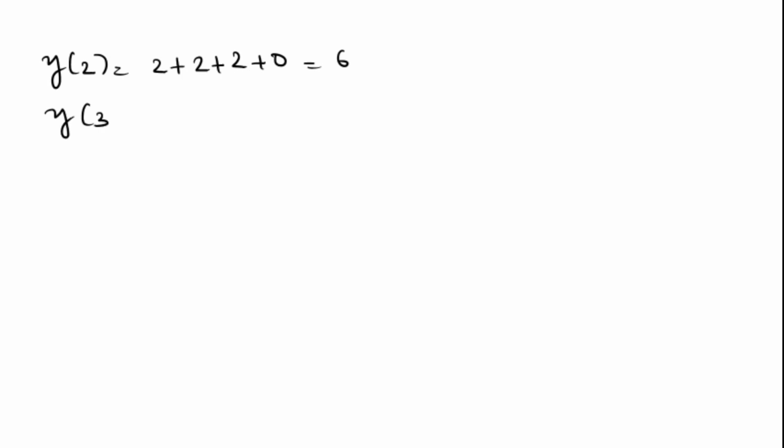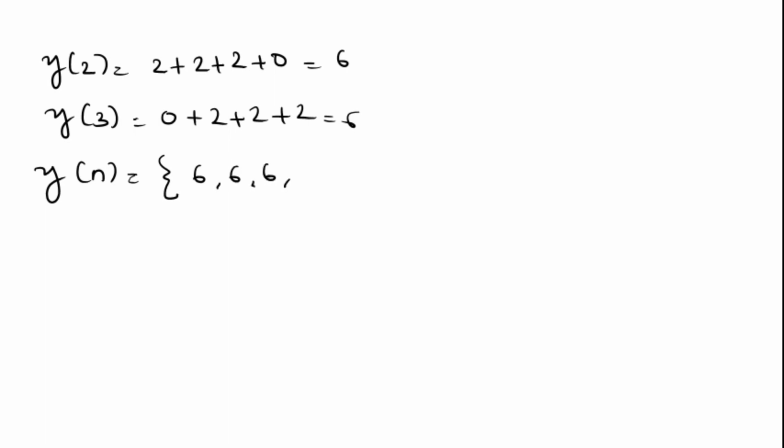Y of 3 is also 0 plus 2 plus 2 plus 2, which is equal to 6. Hence, y of n is equal to 6, 6, 6, 6. For each convolution, we have to draw the circle and we have to multiply the signal.